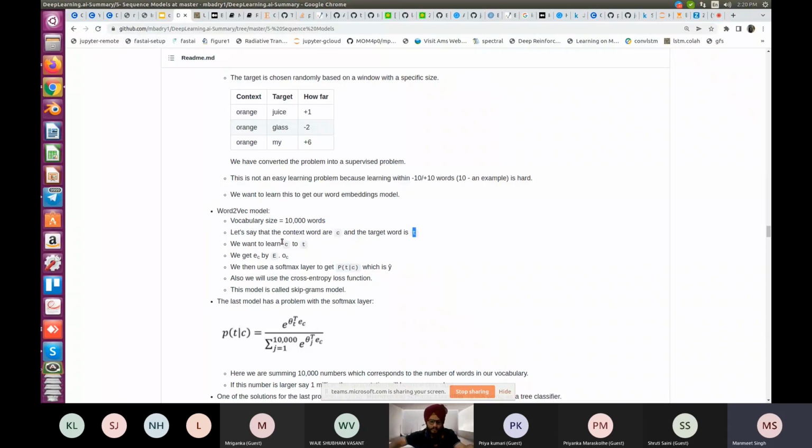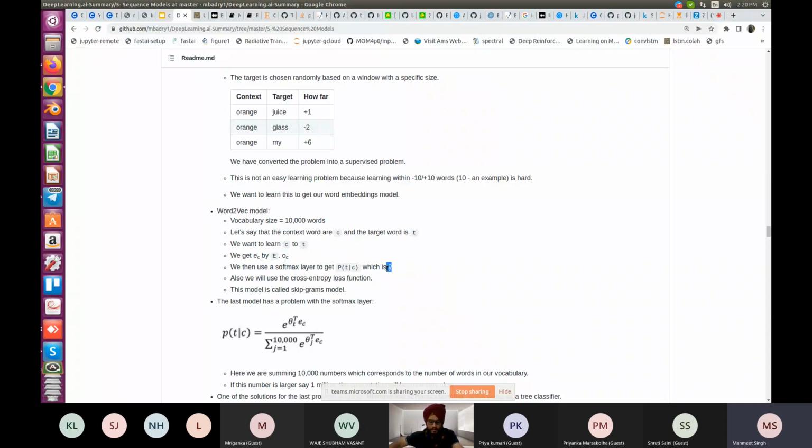You are framing the problem as learning to map C to T, and you get the embedding of C by taking a dot product between the embedding matrix and the one-hot encoding of C. Then you can use a softmax layer to get the probability of the target conditional on C.